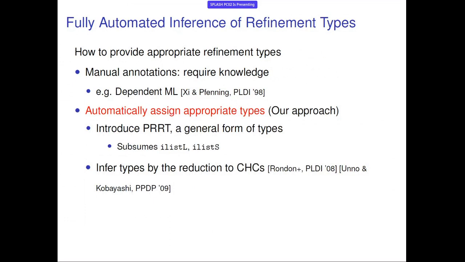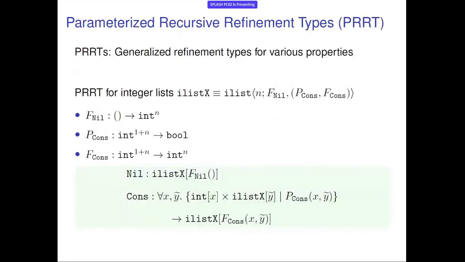To do that, we introduce a general form of type called PRRT. Using this PRRT, the verifier infers types with reduction to formulas called CHCs. So we introduce PRRTs, which are generalized refinement types for various properties of recursive data structures.